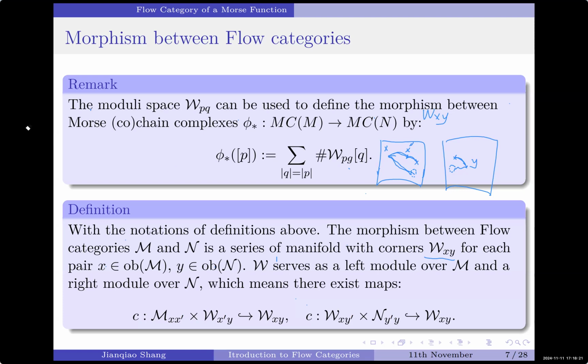So how do you define these two maps by such a broken process?